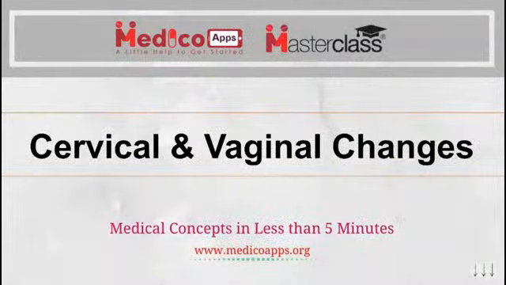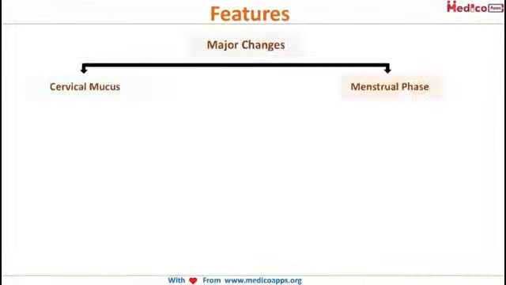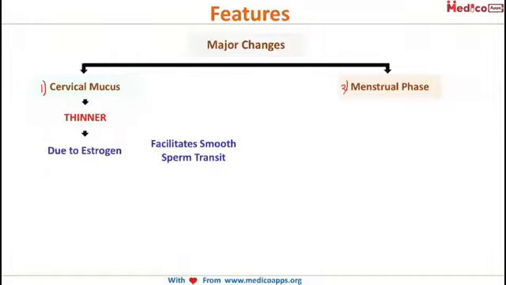Now let's understand the cervical and vaginal changes during the menstrual cycle. Coming to the cervical changes, first one we are looking at is the cervical mucus and how it changes, and the next will be the changes that occur during the menstrual phase. The cervical mucus is thinner due to estrogen, right? Because it has to permit the smooth transit of the sperms for fertilization, right?